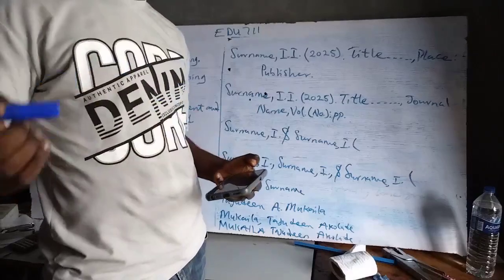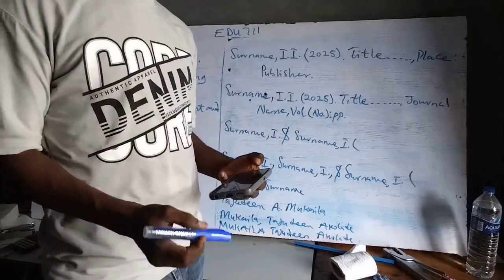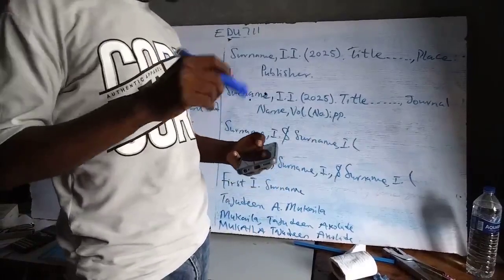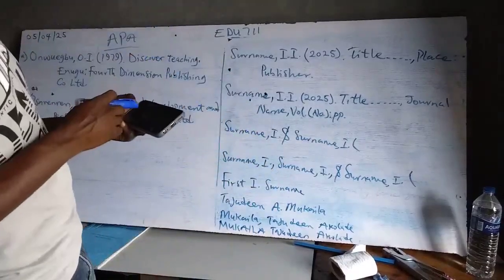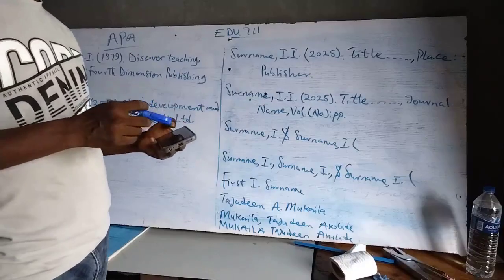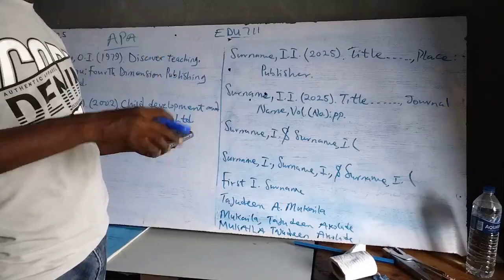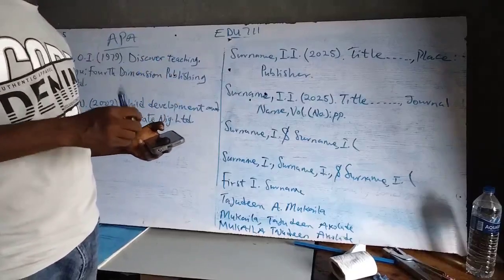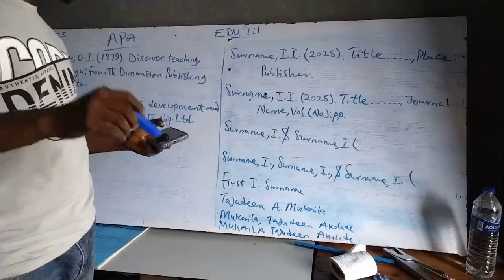Then there's an editor. So each of the author has a particular chapter. So the particular author we are given in this question has a chapter, and that is the chapter we are given.